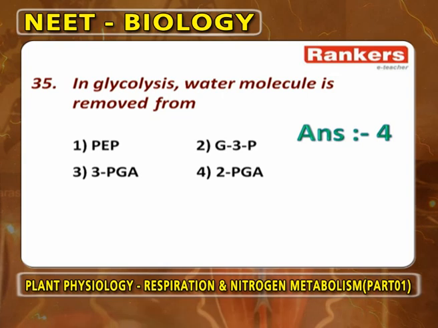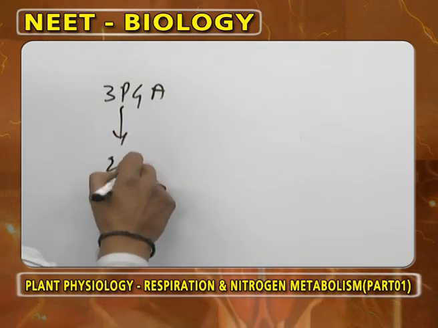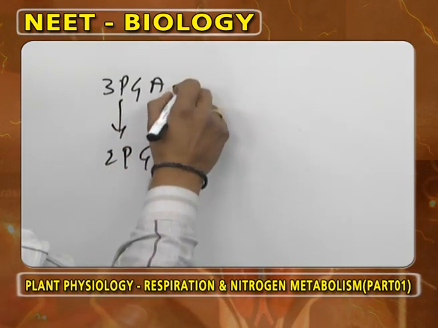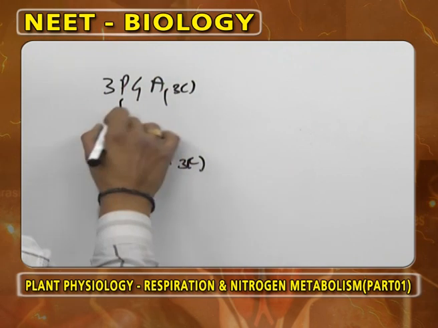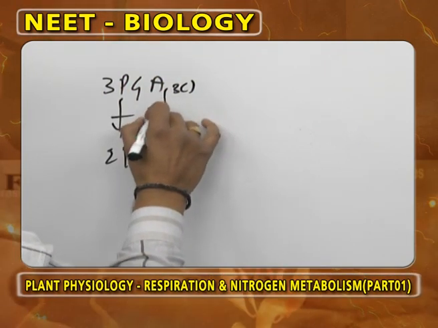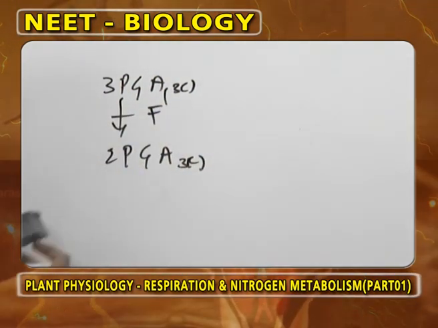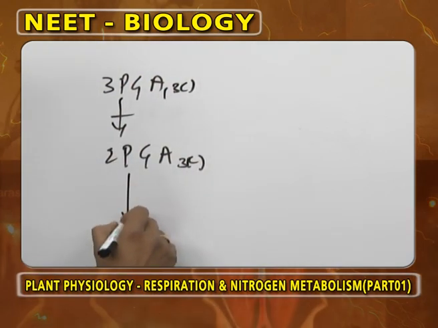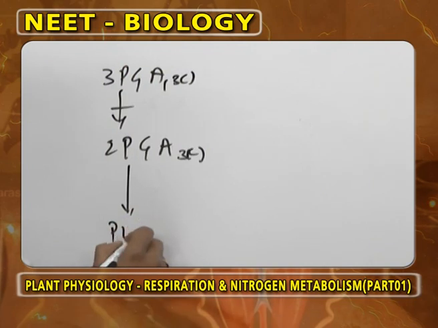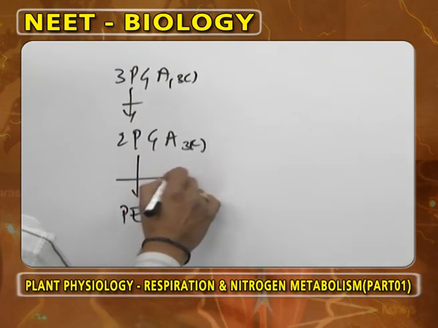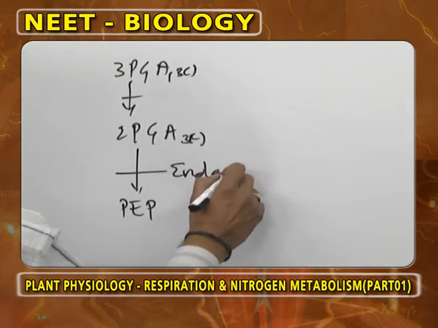In glycolysis, the water molecule is removed when 3-PGA converts into 2-PGA, an intramolecular shift that occurs in the presence of phosphoglyceromutase. Then 2-PGA converts into phosphoenol pyruvic acid in the presence of the enzyme enolase.